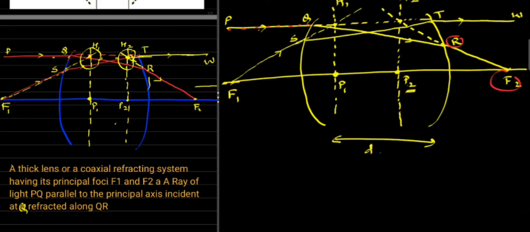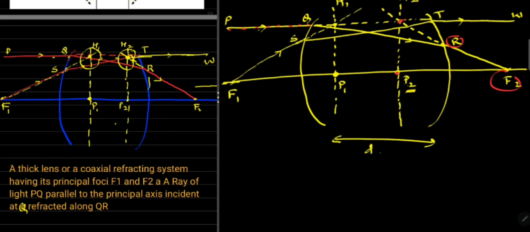R appears to be the intersection at H2. A plane passing through H2 and perpendicular to the axis is termed the second principal plane of the lens, and its point of intersection with the axis is nothing but the second principal point.